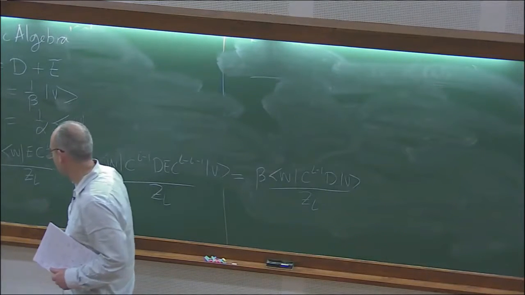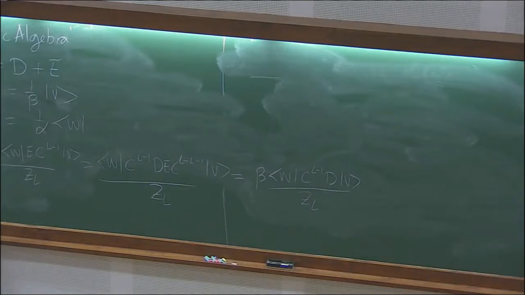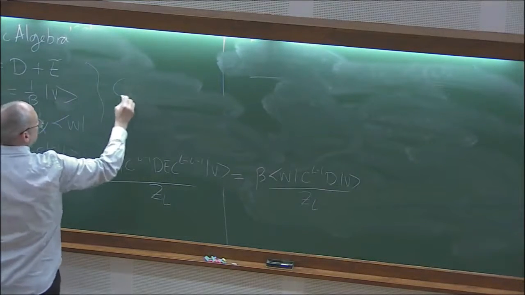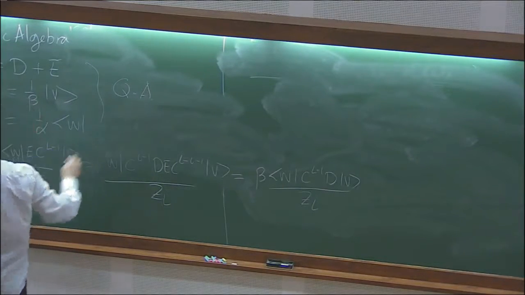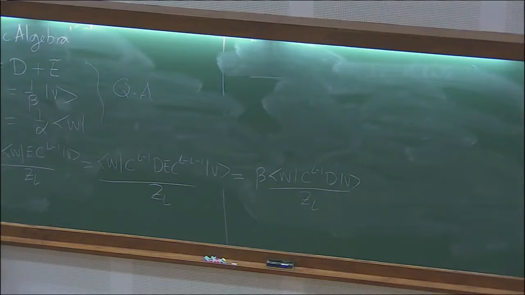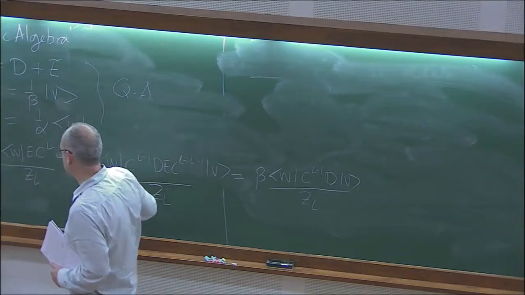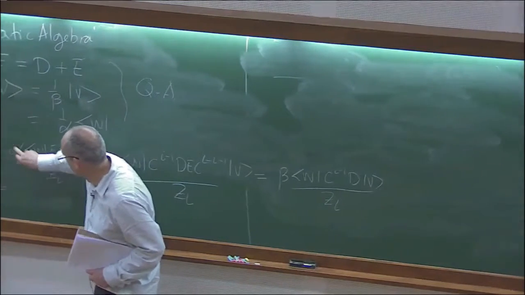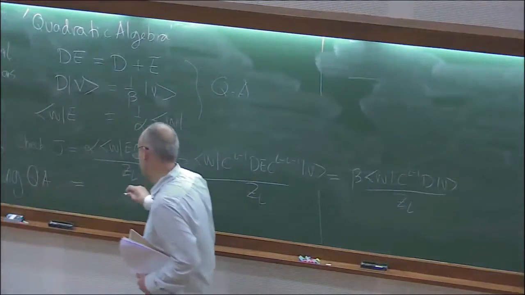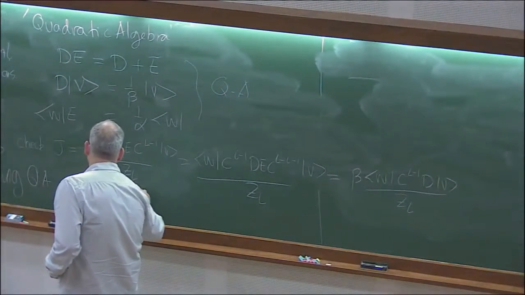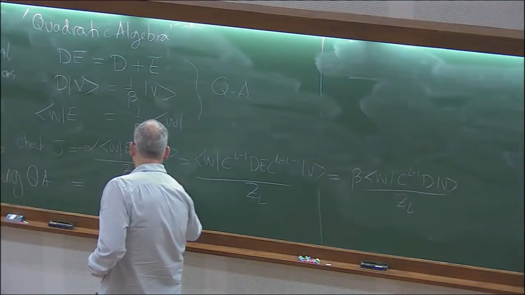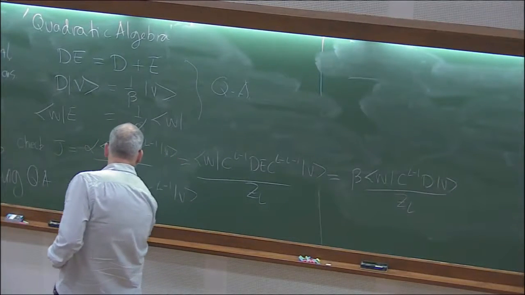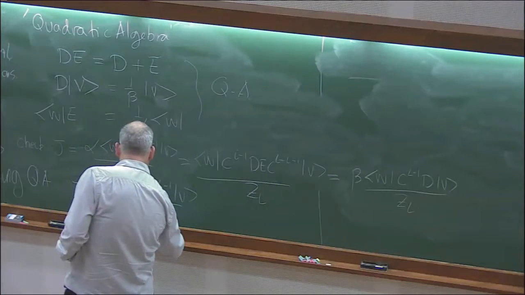So if I call this the quadratic algebra, then using the quadratic algebra, all of these become the same. E times alpha on W just becomes W. So I get W C to the L minus 1 V over ZL.